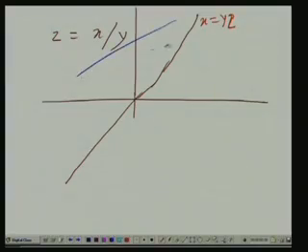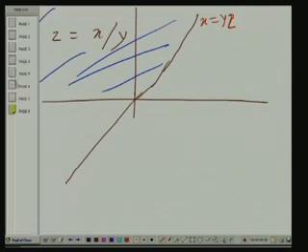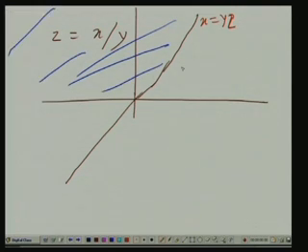In that case, in this region, if you start from this line and go to the left, for a fixed y, the value of x is becoming lesser and lesser.